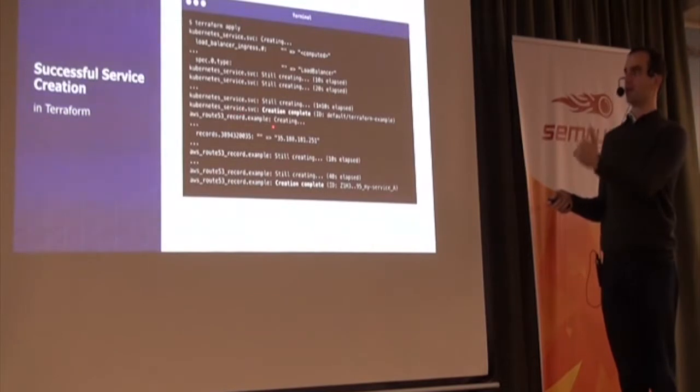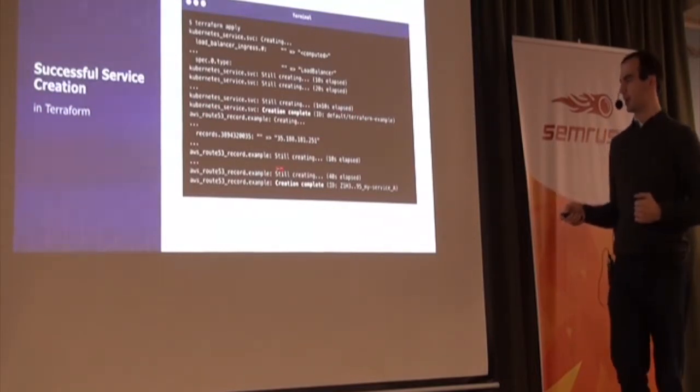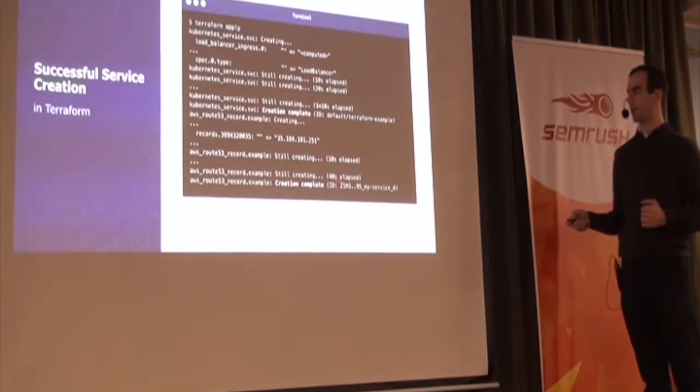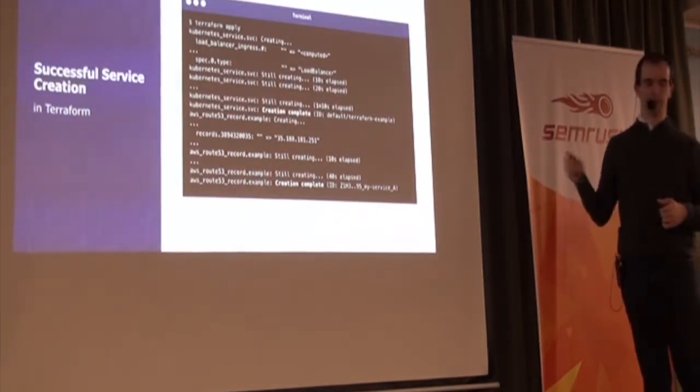And then after that, we start creating the DNS record, and we use the IP address, which was pulled out of the service in here. But we didn't really have the IP address until this point. And then eventually we finish syncing the DNS record.